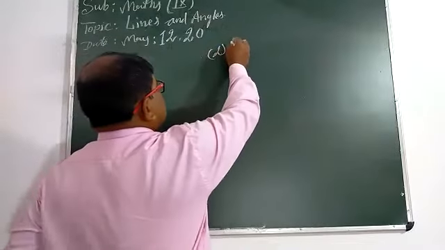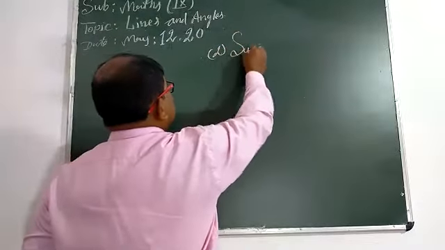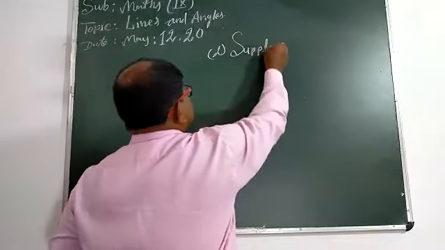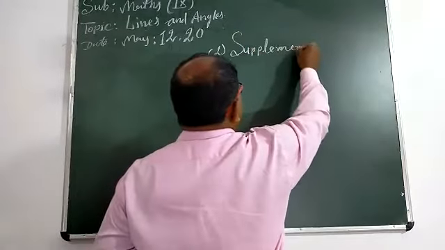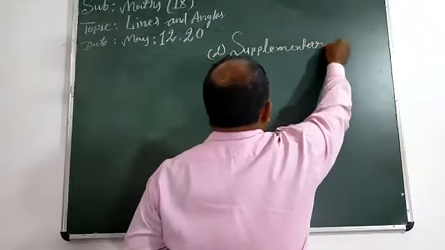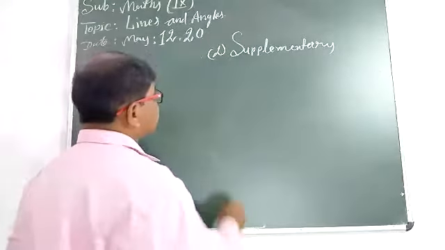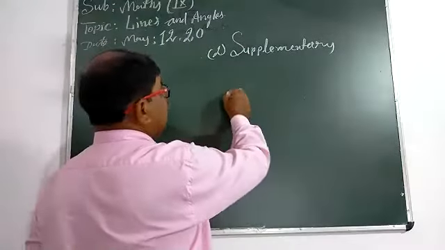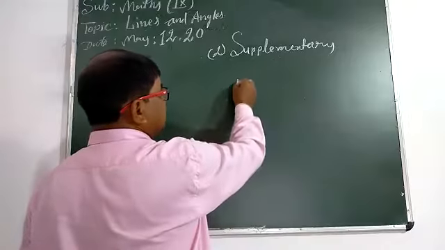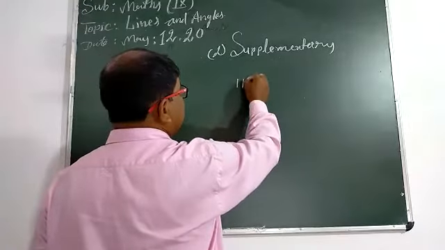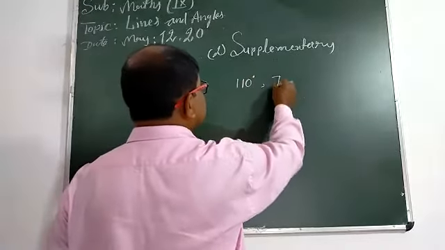Now, student, we should understand supplementary also. Supplementary angle. What do you mean by this? The sum of two angles is 180 degrees. Suppose that one is 110 degrees and another is 70 degrees.